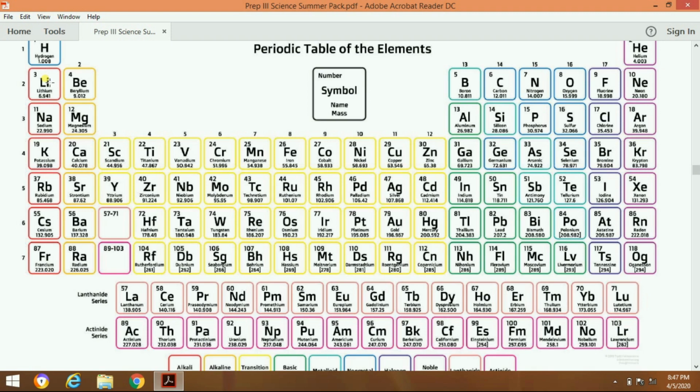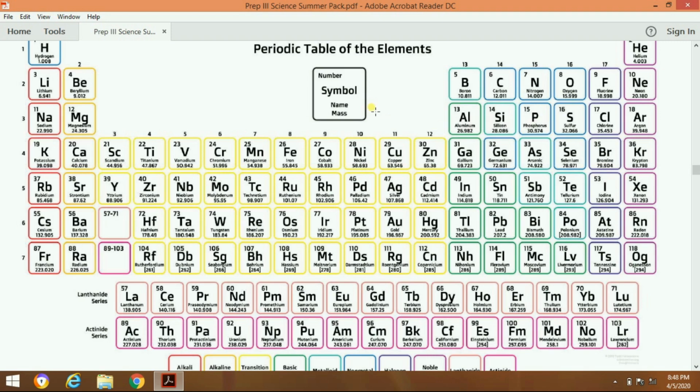This is group 1A, starts from lithium and ends in francium, then group 2A, 3A, this 4A, 5A, 6A, 7A and 8A. And group 1B till 8B is at the center of the periodic table.